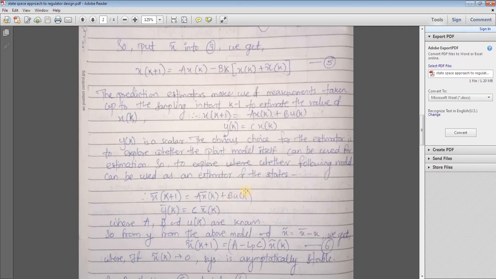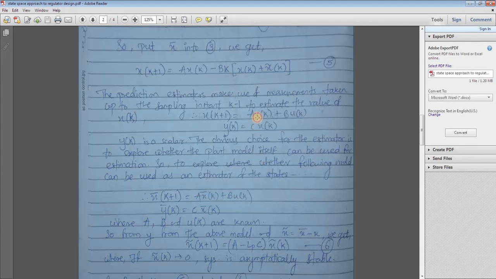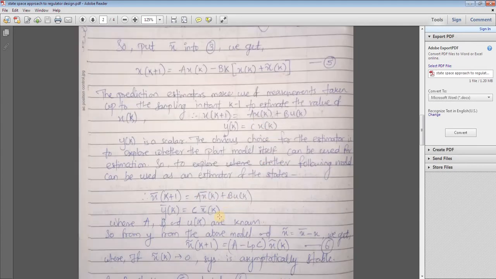Here one thing we have to note is that the initial states x of 0 and x bar of 0 are the same. So then x bar of k will be the same as x of k, because the initial states are the same.